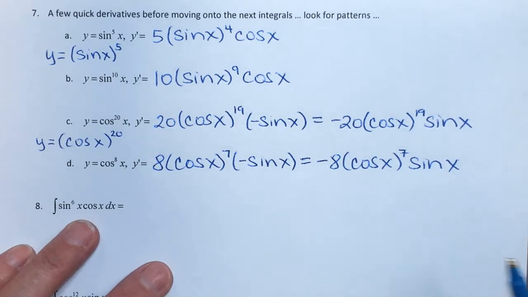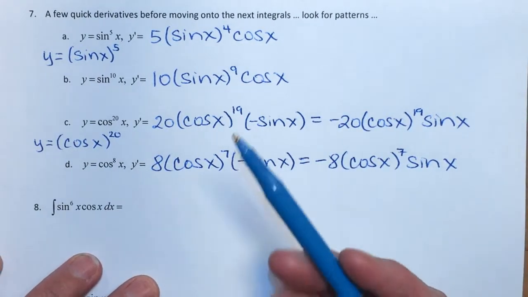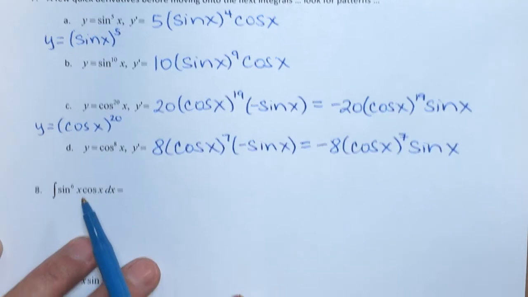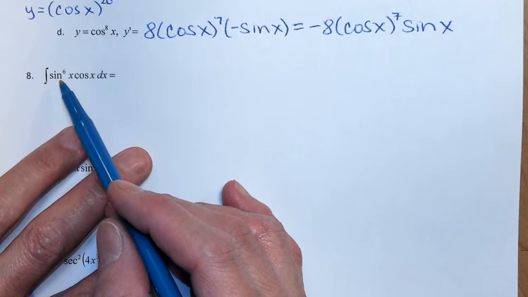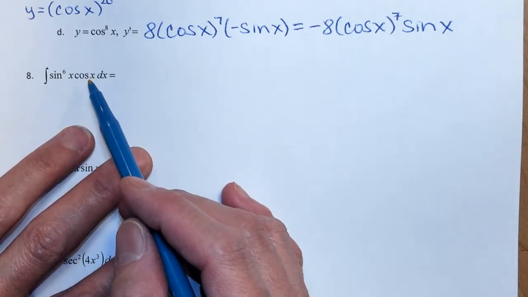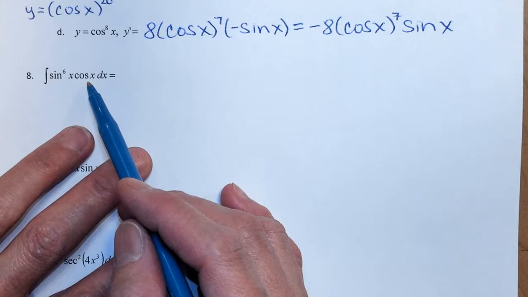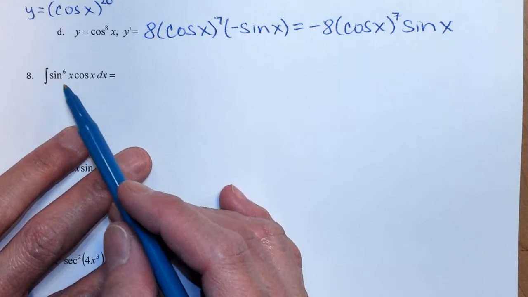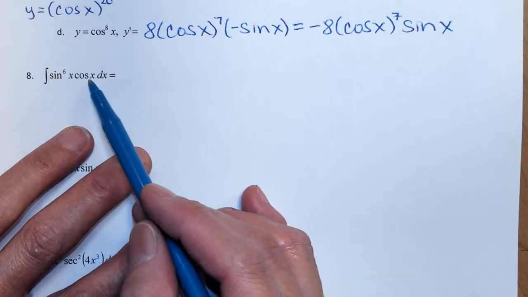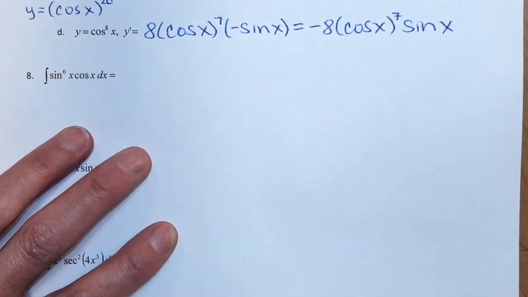Okay, so what you want to see in the integral is a function and its derivative. So I see that my function is going to be sine x, and its derivative is going to be cosine x. Now, you can have your function to any power you want, but you can only have the derivative to the first power.